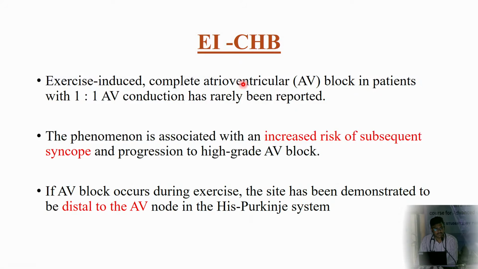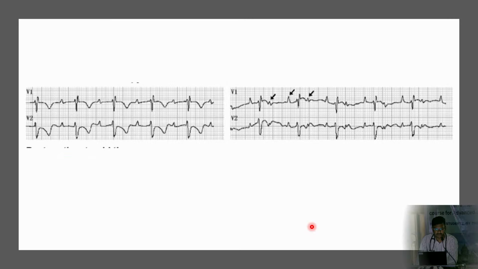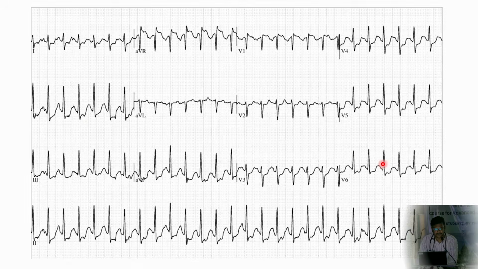If the patient develops complete heart block, this phenomenon is associated with an increased risk of subsequent syncope in the future, and AV blocks are also suggestive of significantly poor prognosis in the future. This is one of the examples I wanted to tell, but because of shortage of time, I want to complete my talk. Thank you.